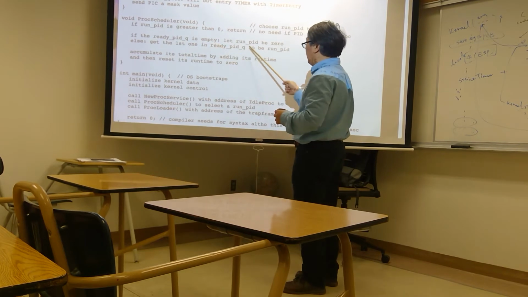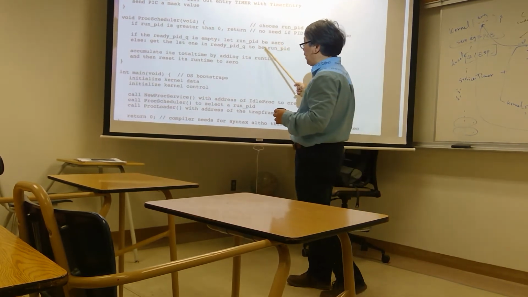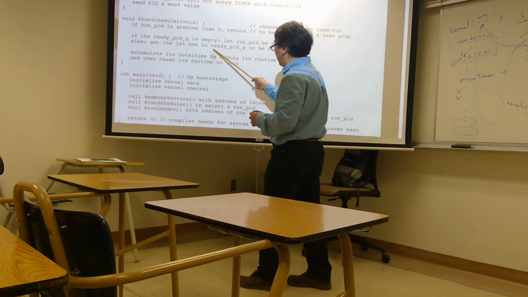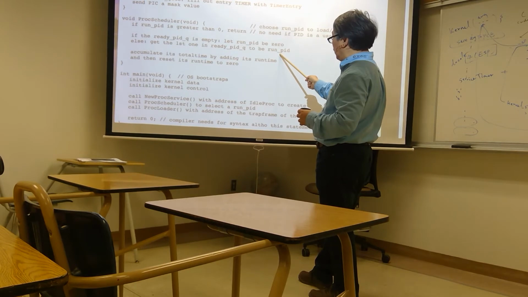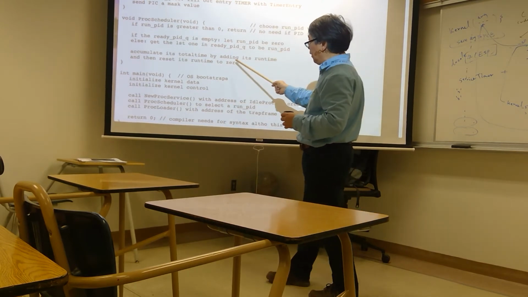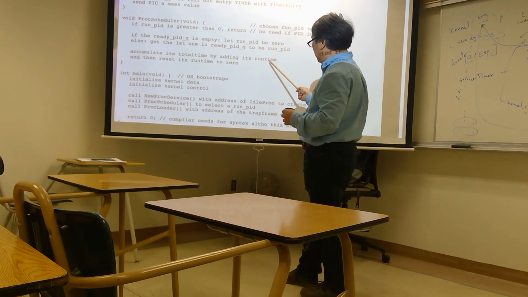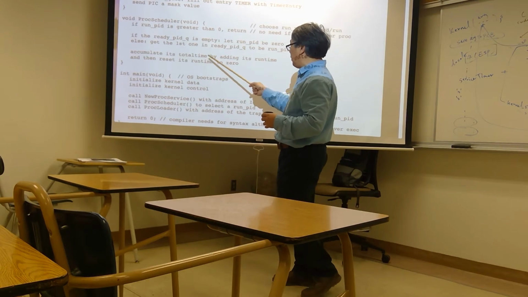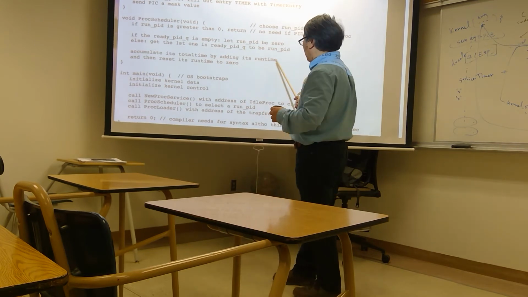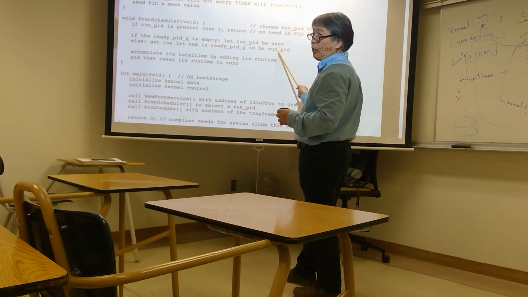If it's empty, then we have to set it to 0. 0 is the idle process, we run the idle process. Otherwise, we dequeue the first one in the ready PID queue to be the run PID, to set run PID to that PID. Accumulate the total time by adding runtime to it for the selected run PID.